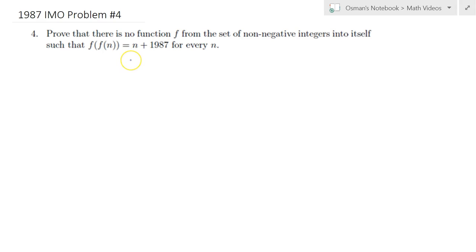the following functional form. In fact, I would like to replace the number 1987 by any positive integer c and focus on a more general problem.